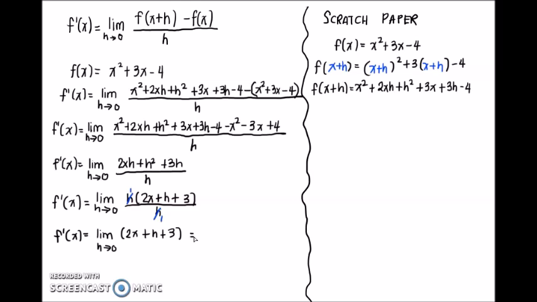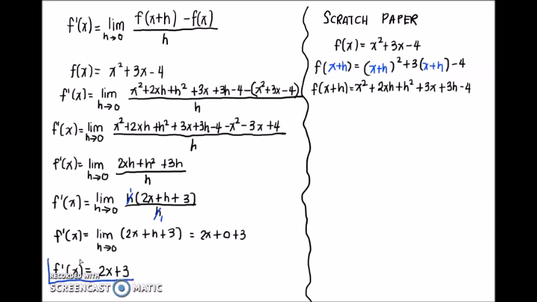So we simply substitute 0 to h. So this becomes 2x plus 0 plus 3. And simplifying that, we will get the derivative of f of x is equal to 2x plus 3. So that is our final answer.